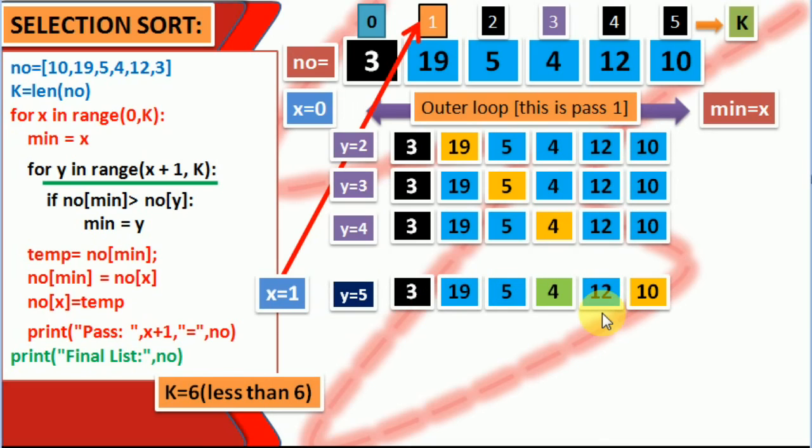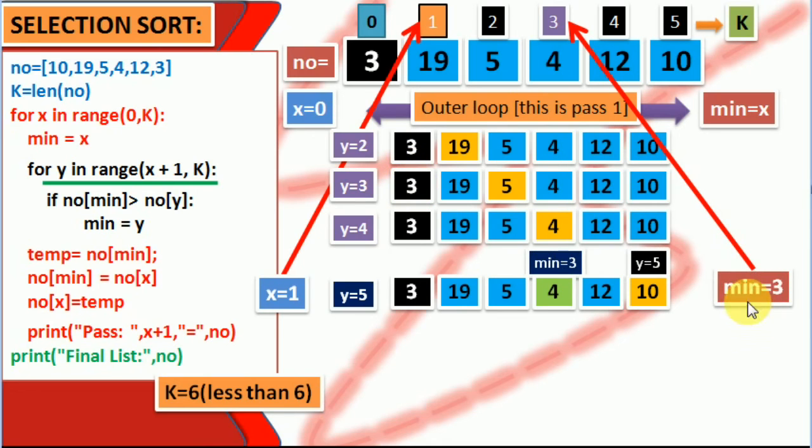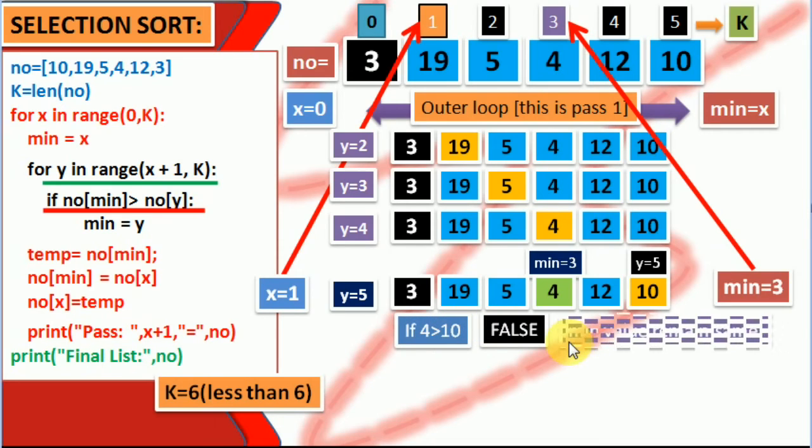Now y is at 5, x is still at 1, and min is at 3. Now we again compare the minimum value, that is 4, with y, that is 10. Is 4 greater than 10? It will say false. It means the min value remains the same. Min is still going to sit at 4 only.